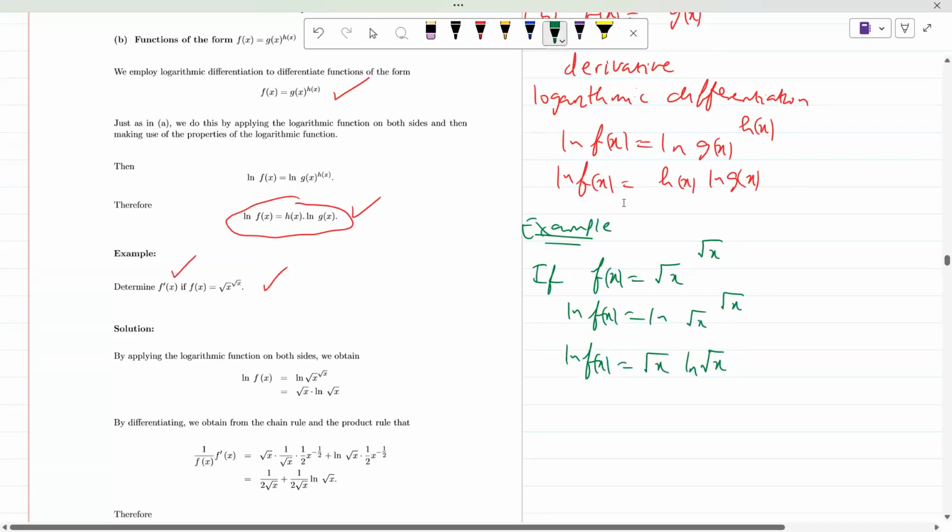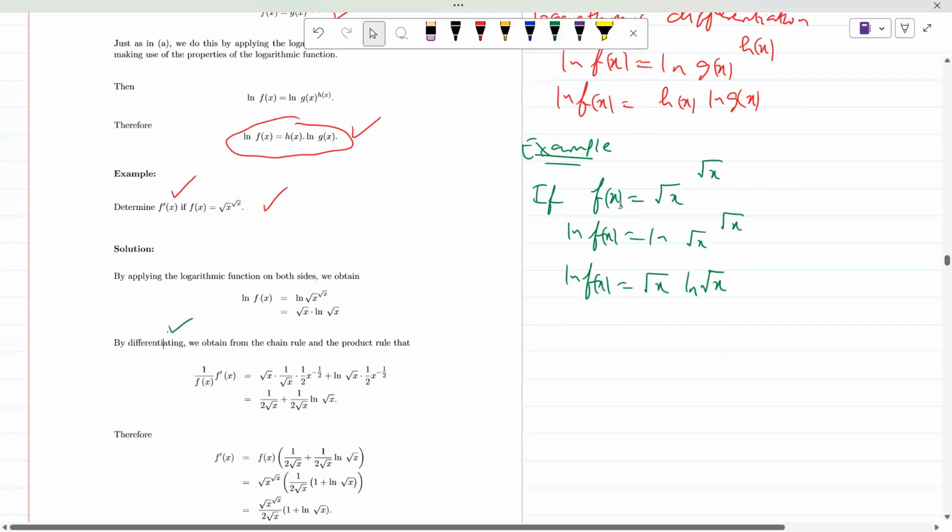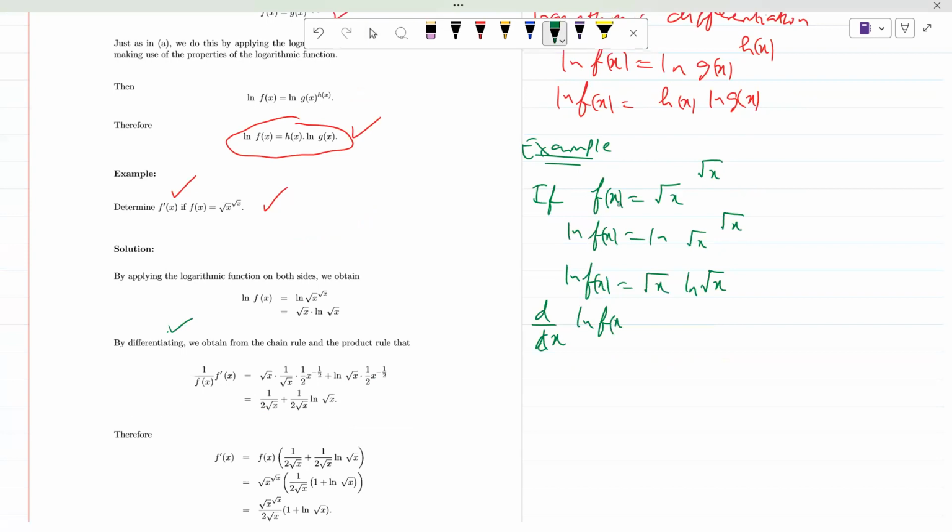We find the derivative of this. Right, so we differentiate both sides of this. If you differentiate both sides of this, what do we obtain? So we're going to get ddx of the ln of f of x, which is the same as ddx of the right-hand side.